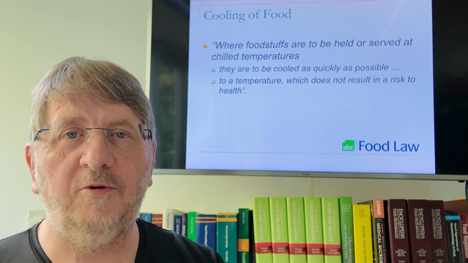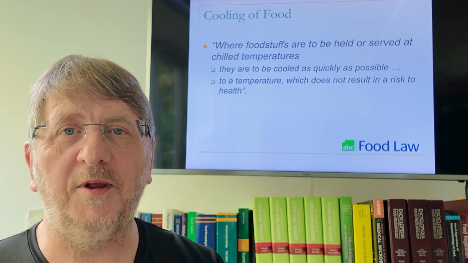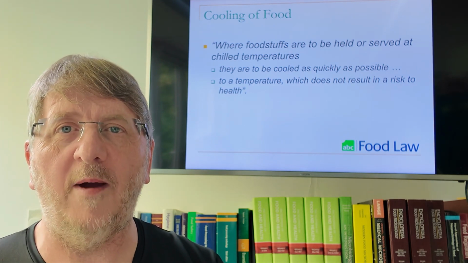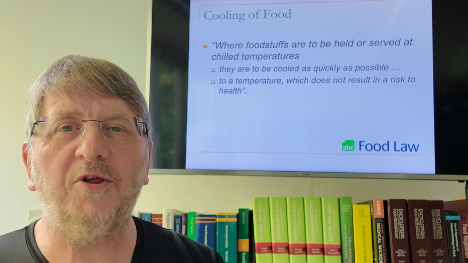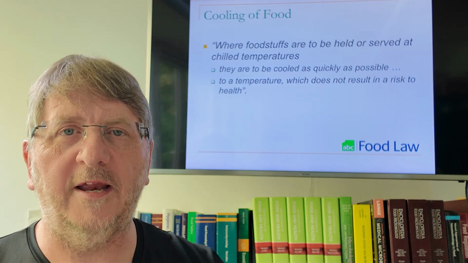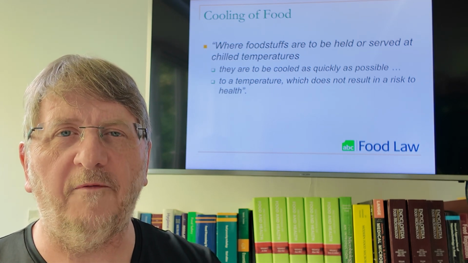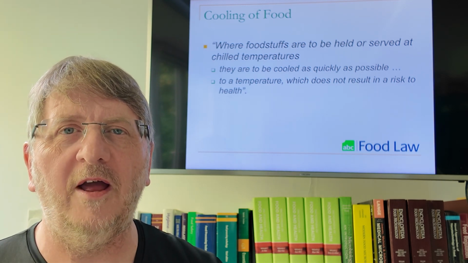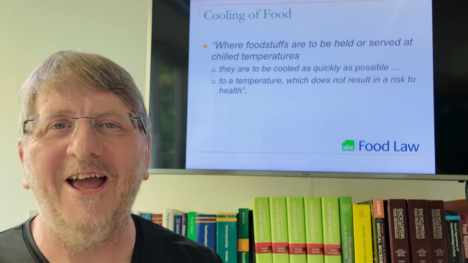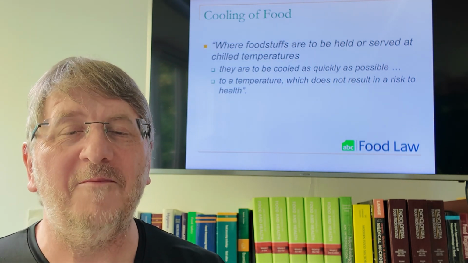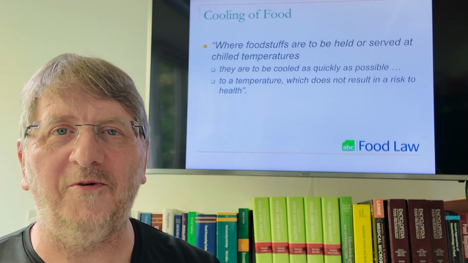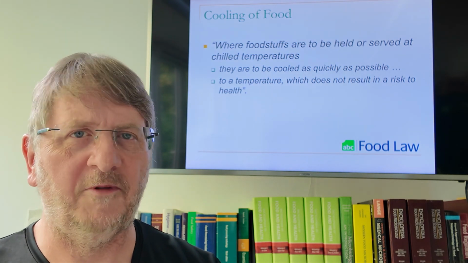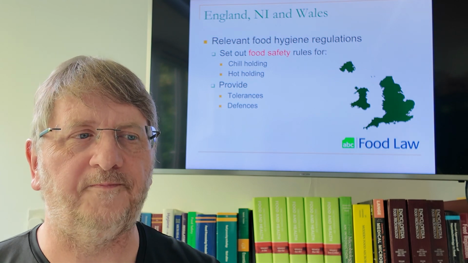So the longer you spend cooling, the more opportunity there is for bacteria like Clostridium perfringens to grow out into the food. You want to make sure that food is not kept in the danger zone, roughly body temperature, for too long, to allow other bacteria to proliferate in the food. So it's a general requirement, but there is a separate video that talks about cooling of food in a bit more detail.